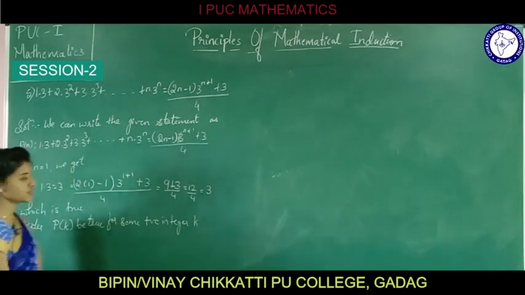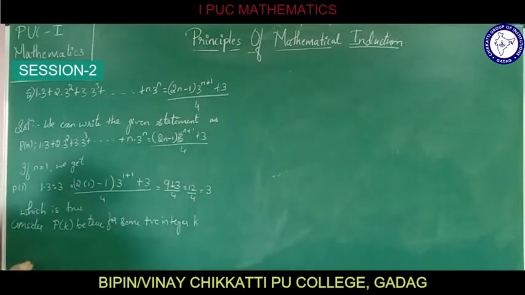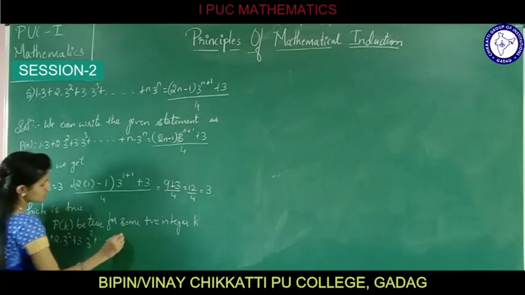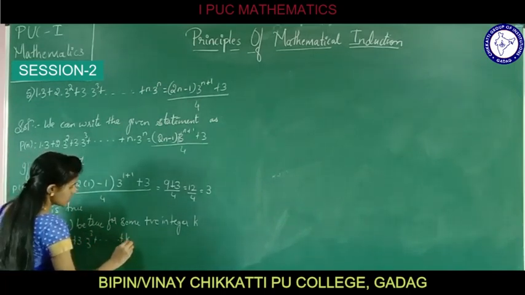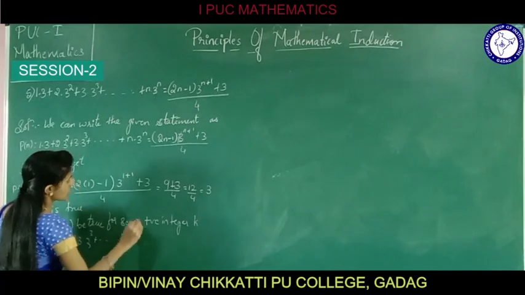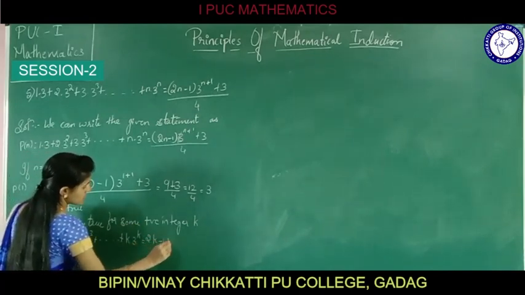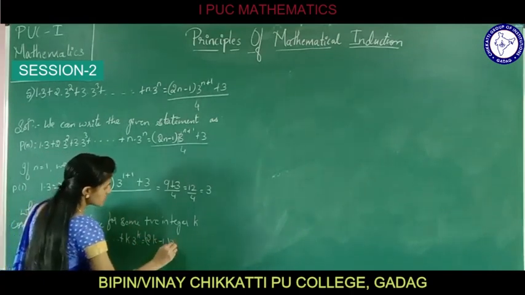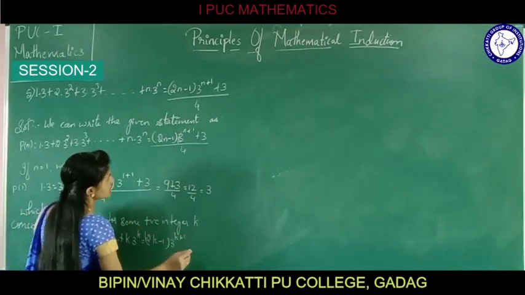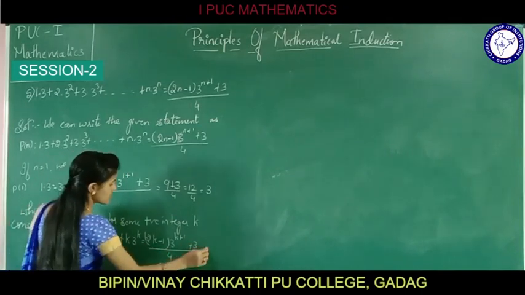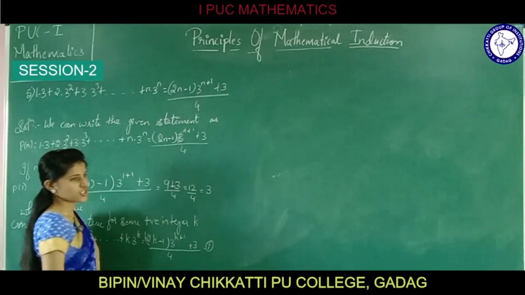If so, how are we going to write it? We will write it as 1 into 3 plus 2 into 3 square plus 3 into 3 cube plus so on up to k into 3 raised to k will be equal to 2k minus 1, 3 raised to k plus 1 plus 3 divided by 4. Consider this as equation 1.